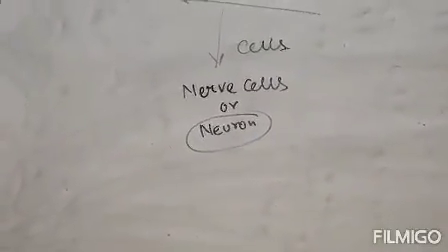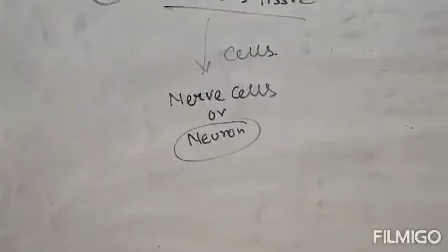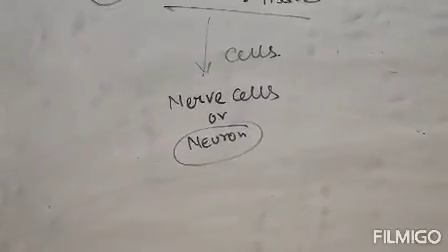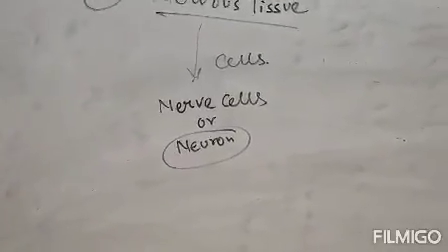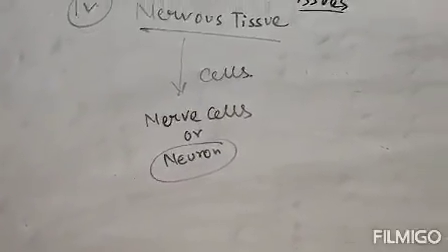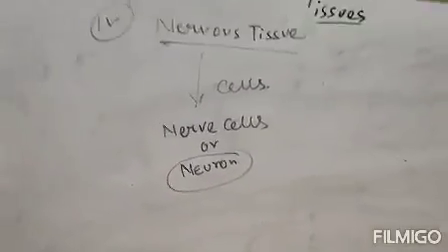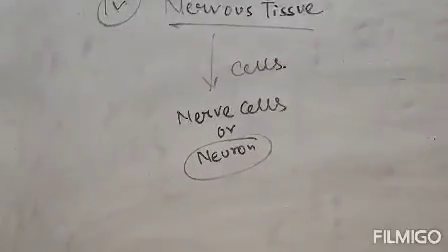These are very highly specialized cells, specialized for receiving stimulus and then transmitting it very rapidly from one place to another within the body. For example, the brain, the spinal cord and the nerves are composed of nervous tissue, which in turn is composed of nerve cells or neurons.